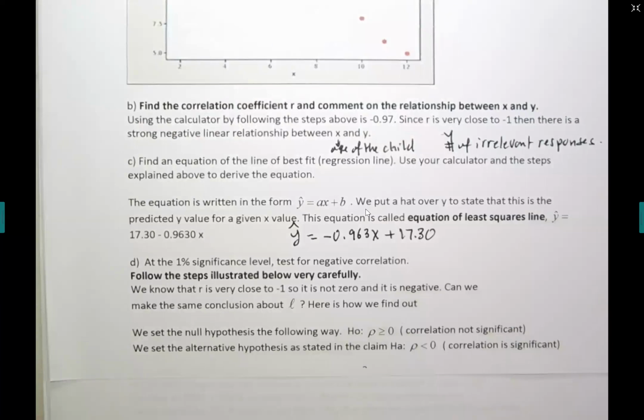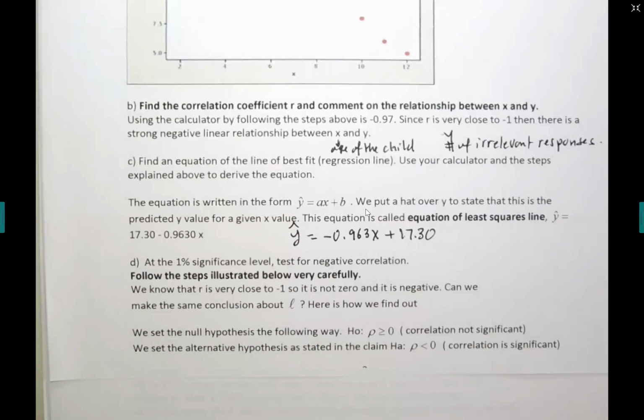Okay, r was generated from the sample that was given to us in the problem, and r was very close to -1, which shows that probably there is a strong negative linear relationship between x and y. But the question is, guys, among the sample that we have, we decided that there is a relationship.